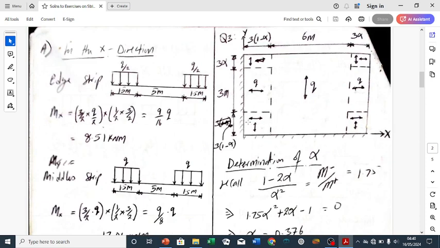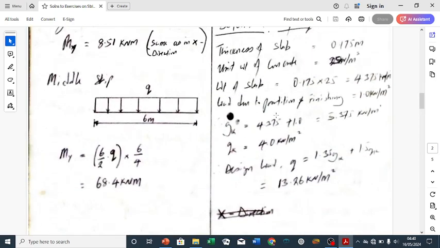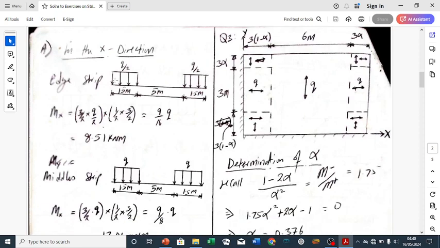So if you're moving across this, you will have here Q over 2, you won't have any load here, then Q over 2. That's why we have this diagram: Q over 2 here, Q over 2 here, no load here, then Q over 2 here.